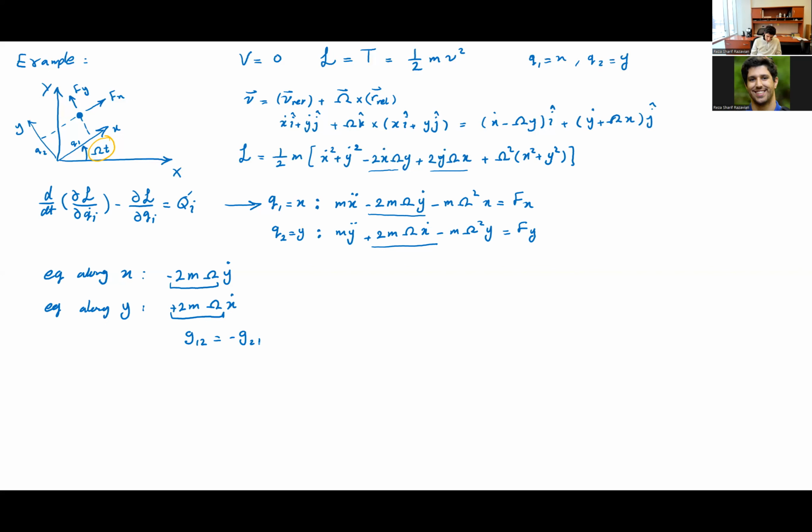And one last thing. This 2 omega y dot, so 2 times angular velocity times actual velocity, is a familiar term that you have seen before. It is actually the Coriolis acceleration. And these gyroscopic forces are the inertial forces associated with those Coriolis accelerations.